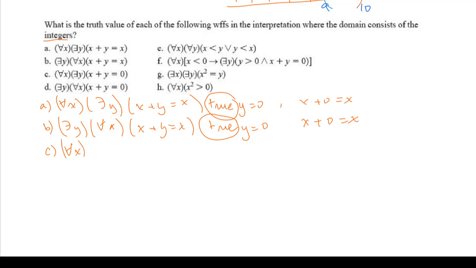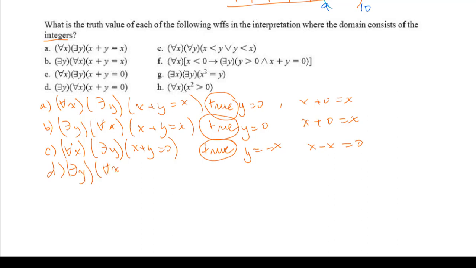The next example I have is for all x, there exists y, x plus y equals 0. Again, if I choose y to be negative x, then x minus x is indeed 0. So this is true. And the next one, there exists y such that for all x, x plus y equals 0. And I would say this is false. Why is it false? Because no one y works for all x's.